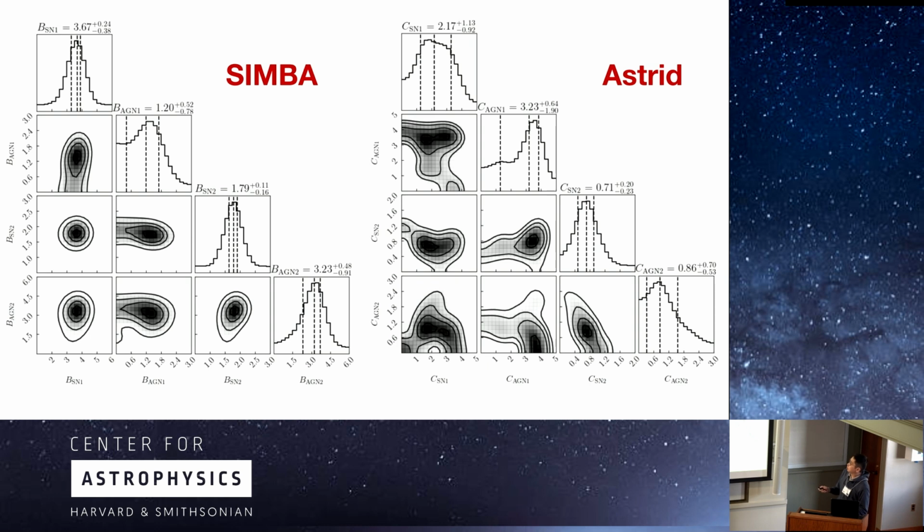We repeat a similar analysis for both the SIMBA and Astrid runs. You can see that for SIMBA, we almost always prefer a higher value of feedback. And for Astrid, we prefer a high value of supernova energy and a higher value of AGN1 energy, the AGN kinetic energy, but lower values of the other 2 parameters.